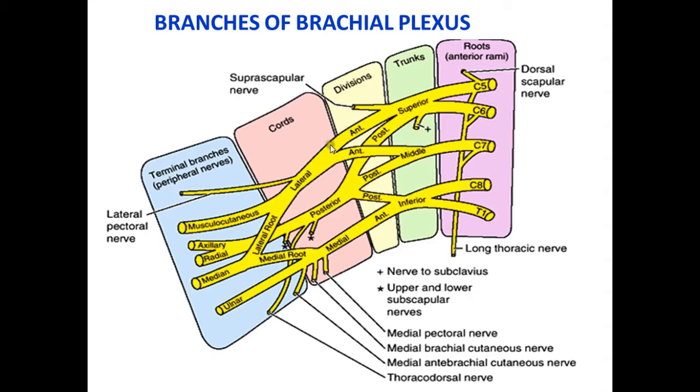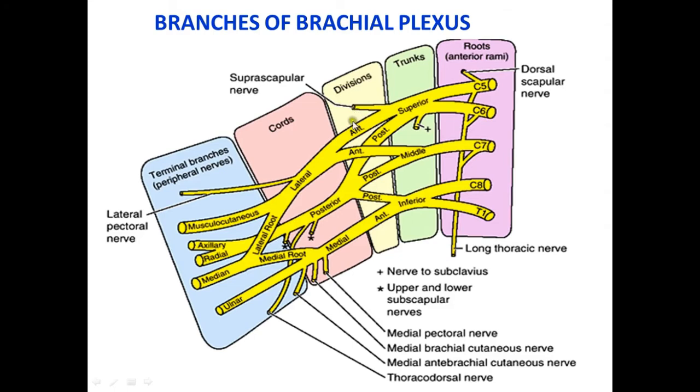Then at the junction of the trunk and the anterior division of the superior trunk, another nerve goes toward the suprascapular side to supply the supraspinatus muscle and other structures, that is the suprascapular nerve.